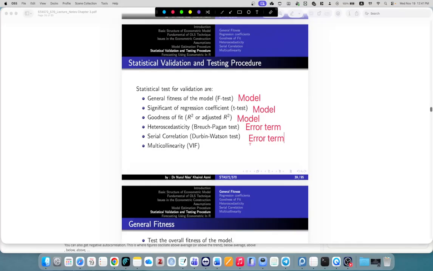For multicollinearity, this concerns your IVs, your independent variables. As an example, you have x1, x2, x3. Suppose that x1 and x2 have a relationship, or they correlate with each other. What happens when you put x1 and x2 in the same model? They actually contribute the same information to cause the changes in your y, or your dependent variable.